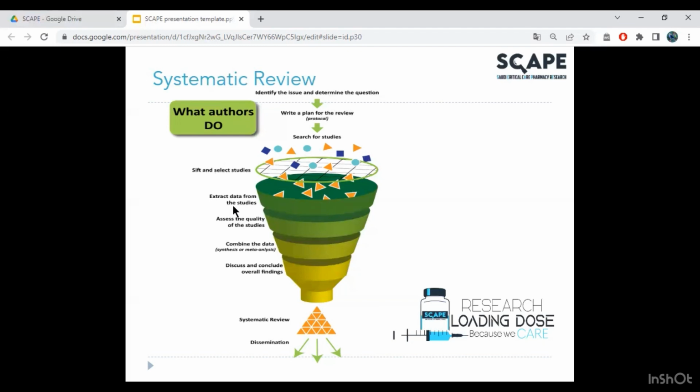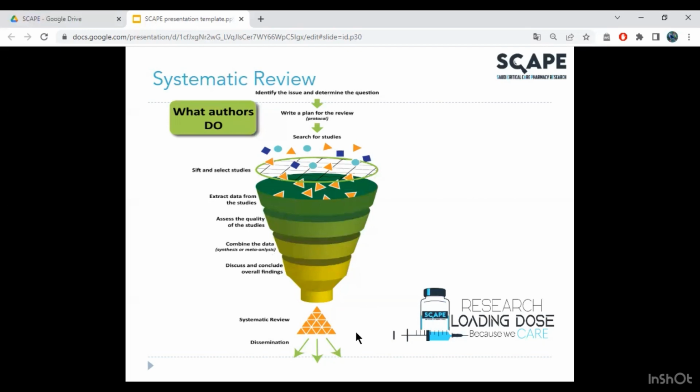Then we extract data from the studies, we assess the quality, and we combine the data to make a meta-analysis. Then we discuss and conclude the overall finding. And this is the systematic review. Here we can disseminate the pure extract of all the studies that investigated the same research question.